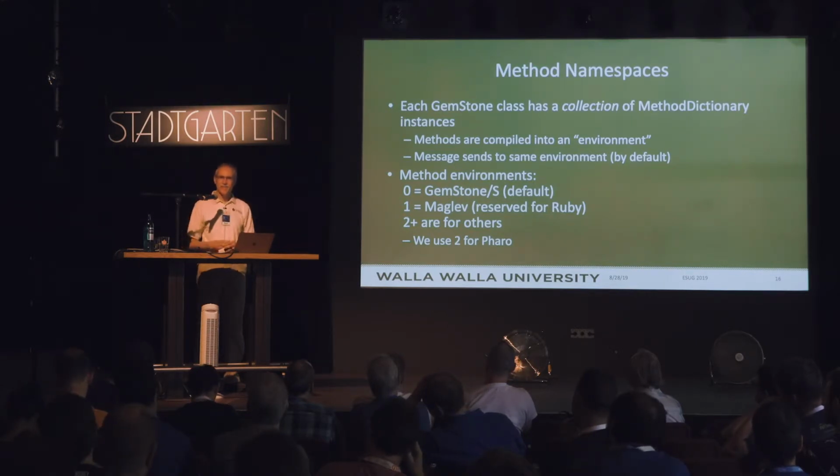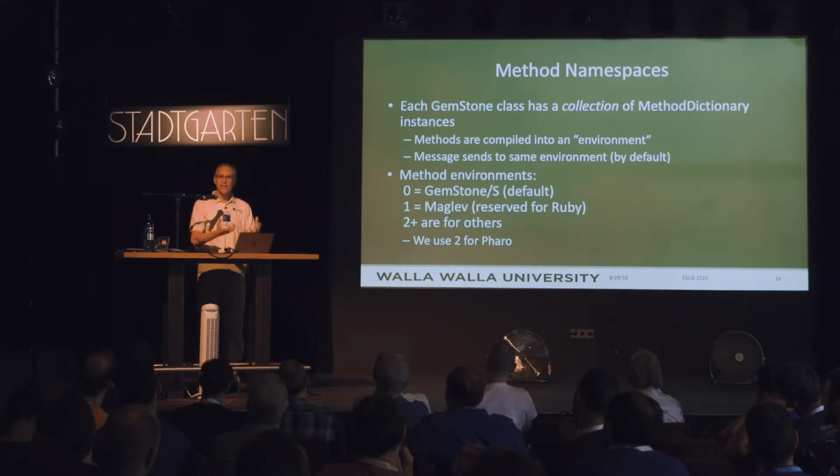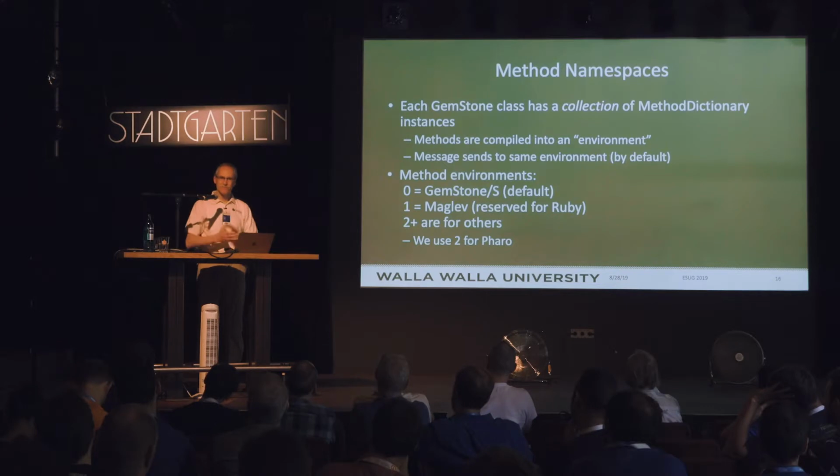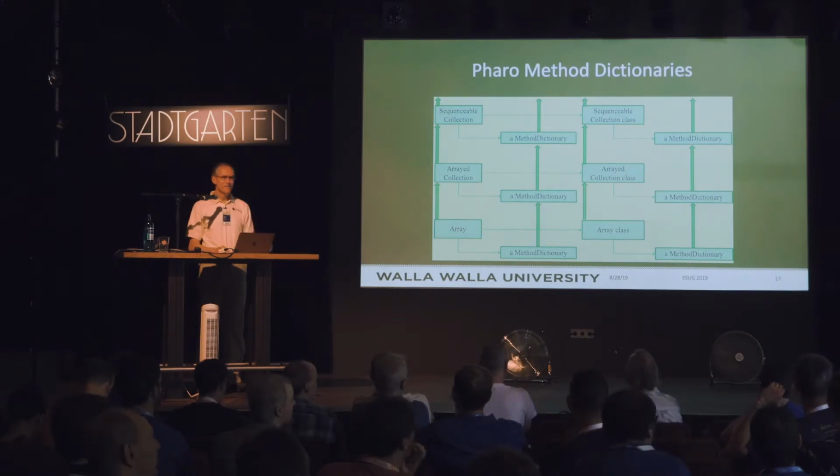On the other hand, the fact that I'm using environment 2 doesn't mean that environment 2 can't be used by you in a separate GemStone repository. So my repository, I happen to be using environment 2. If you have a different repository, you can host Pharo 7, you could host something else, completely different. So, yes.